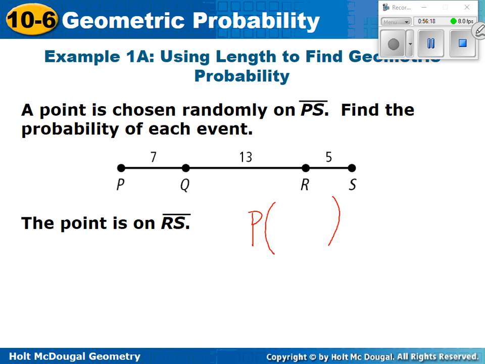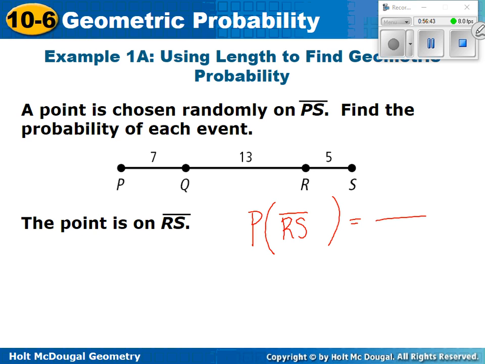So what are we trying to find? The probability of it being on RS. So what I would want to see on your paper is P parentheses and then whatever you're trying to find, RS. Does that make sense? So just put your event, whatever it is you're looking for, in your parentheses. Equals, and then you'll write it as a fraction. What you want out of the total.